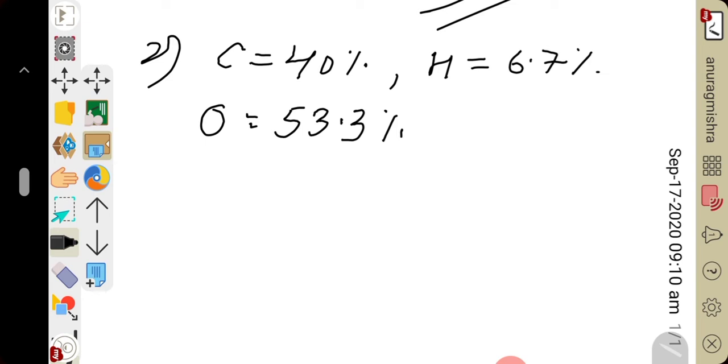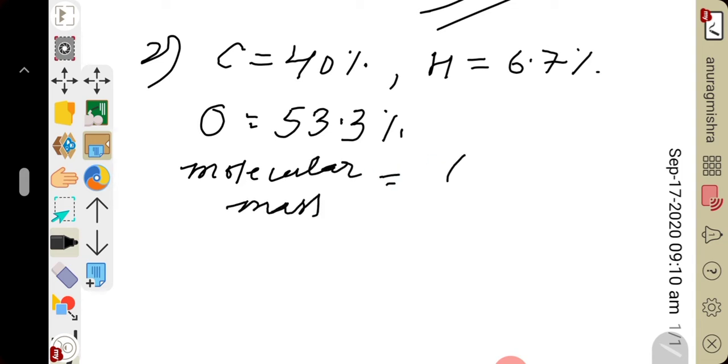Its molecular mass is also given in the numerical. Molecular mass of the compound is 60. You have to find out the molecular formula.